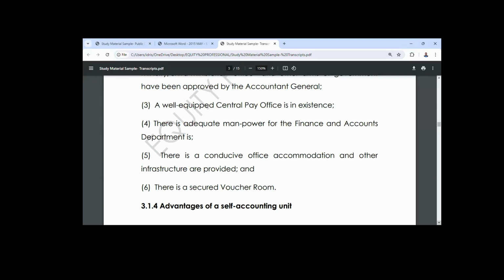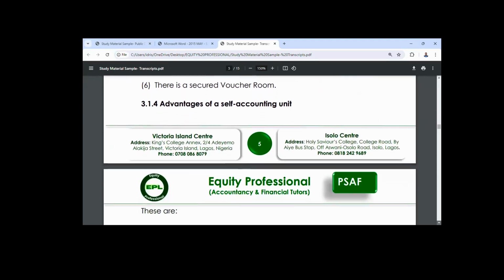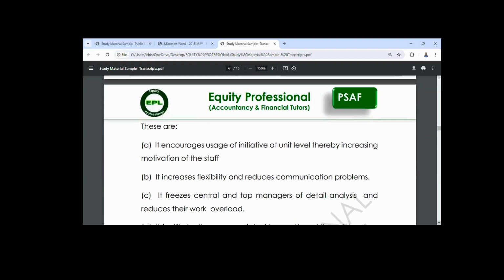All these are the conditions that will be fulfilled for a ministry to be regarded as a self-accounting unit. Advantages of self-accounting unit.